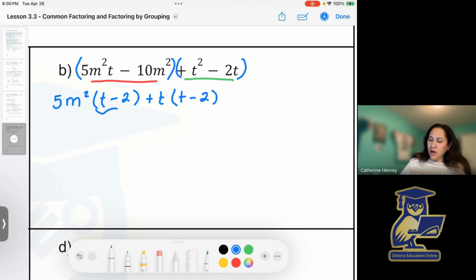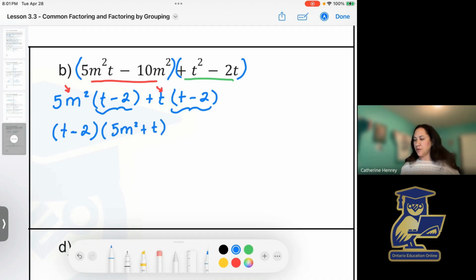We then have our common bracket here and here, t minus 2. And so I'll pull that out. t minus 2. And what's left over is this 5m squared and this t. So 5m squared plus t is left over.